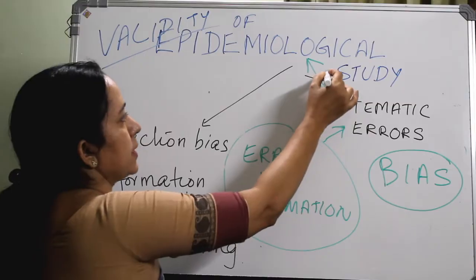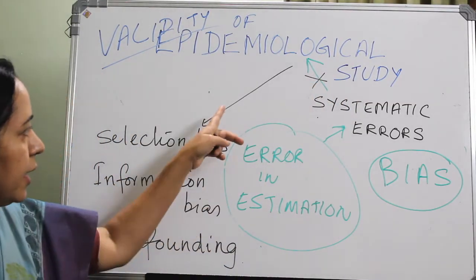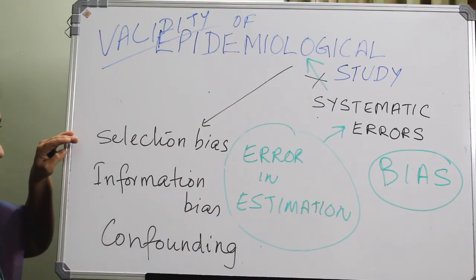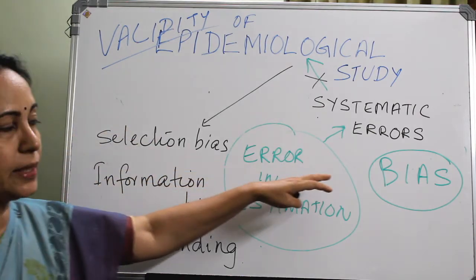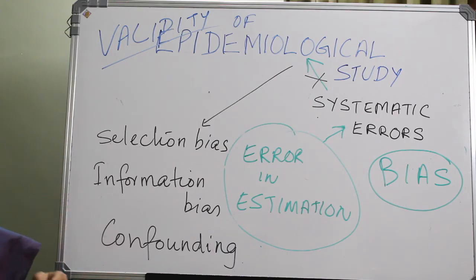Systematic errors are a threat to the validity of any epidemiological study. These threats lead to bias, which reduces accuracy or causes errors in estimation.